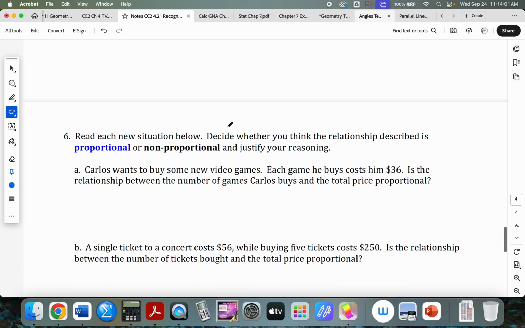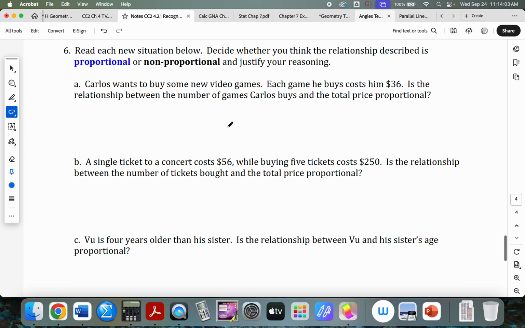All right, so let's go on to page 4. Yes, page 4. We usually don't have ones this long.